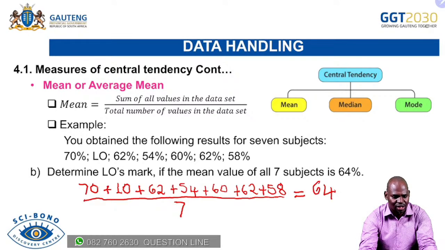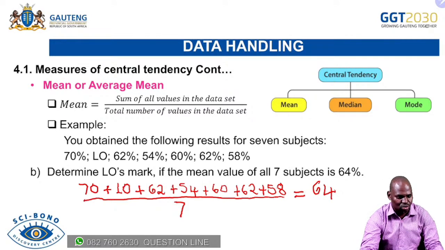We've got 70, then we need to add. So we add 70 with 62, with 54, with 60, with 62, with 58. I say 70 plus 62 plus 54 plus 60 plus 62 plus 58.